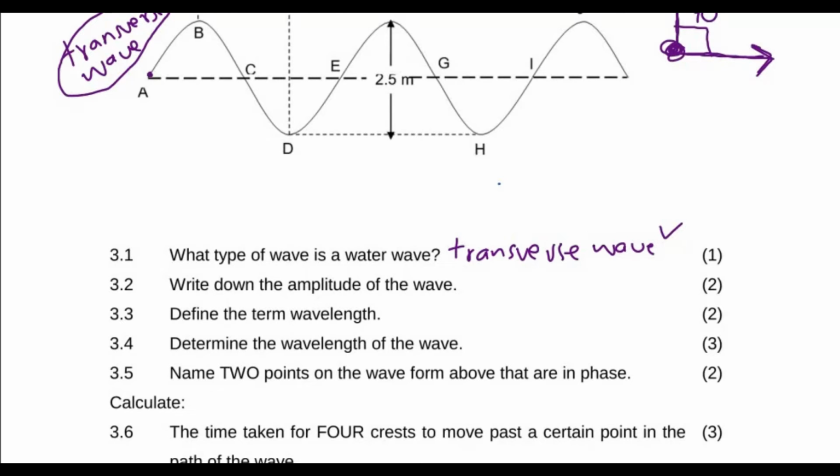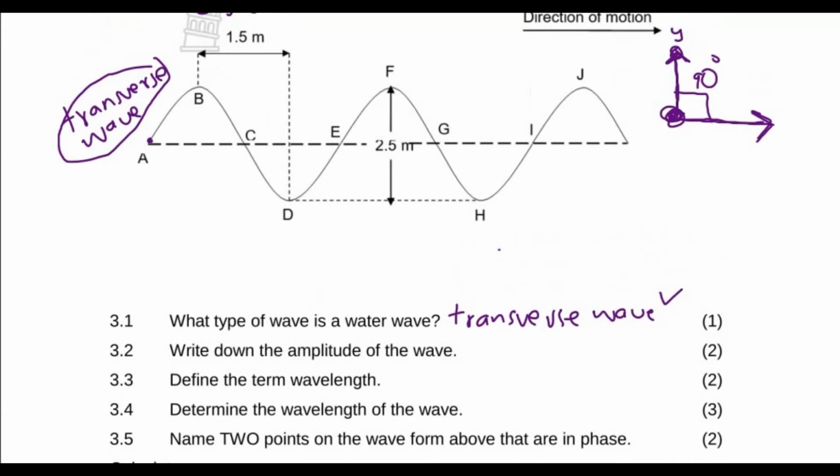Write down the amplitude of the wave. So an amplitude refers to the maximum displacement. I said that you have a particle, and as this wave sweeps through it, it jumps, and then it will also come back down.